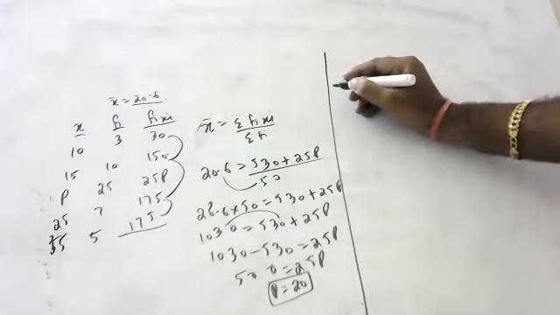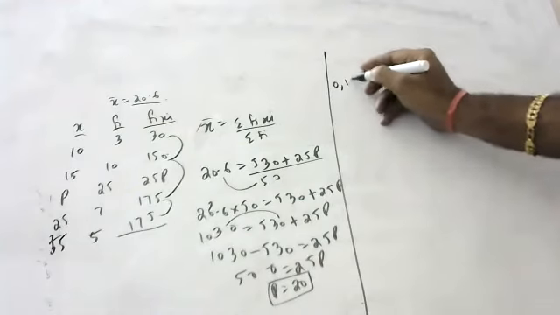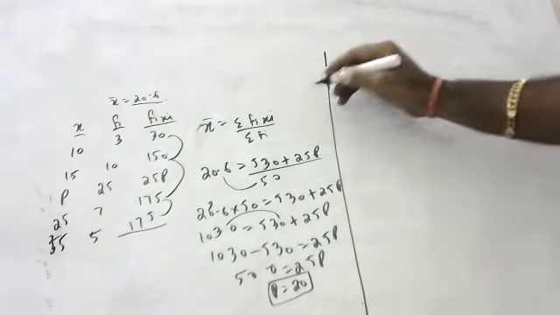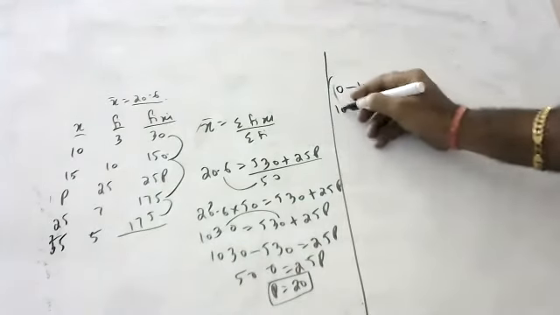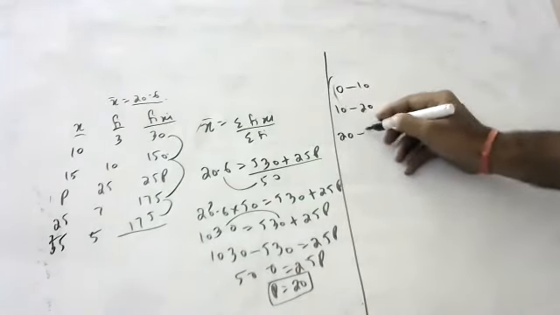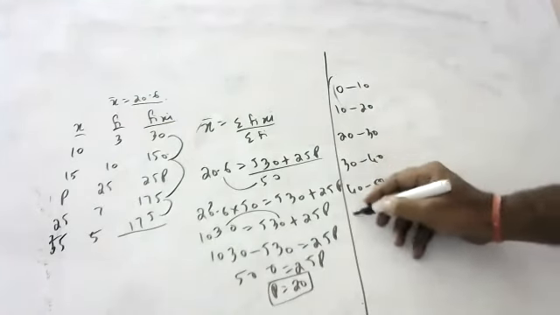The marks are given as 0 to 10, 10 to 20, 20 to 30, 30 to 40, 40 to 50, up to 100.